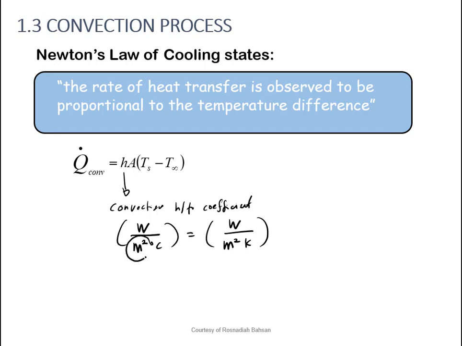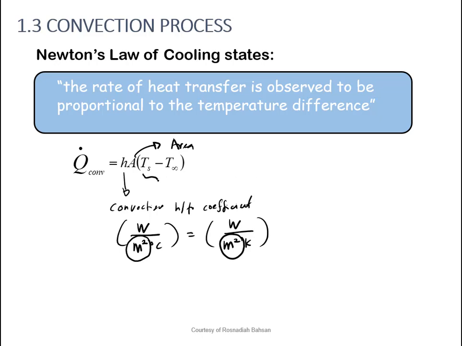As you can see, this is different from the thermal conductivity. Meter square means that it must be per unit area, which is the area that is passed through by the moving fluid.